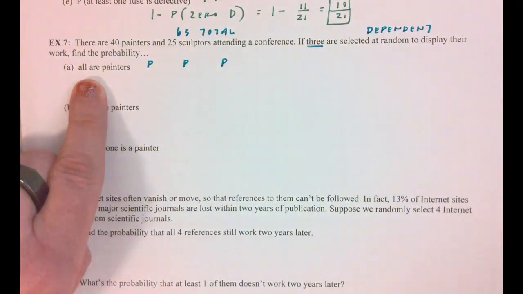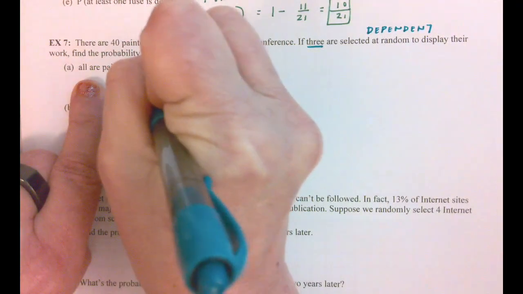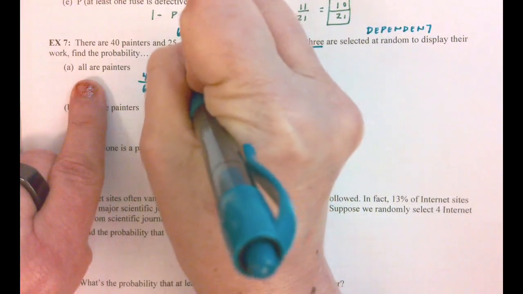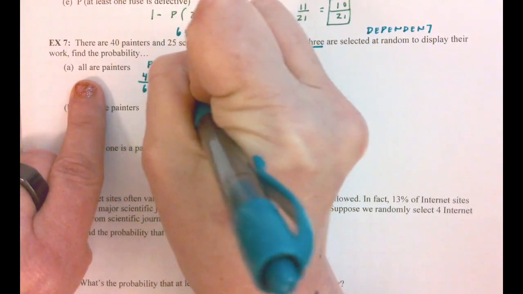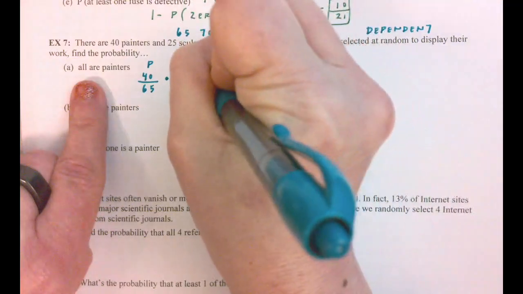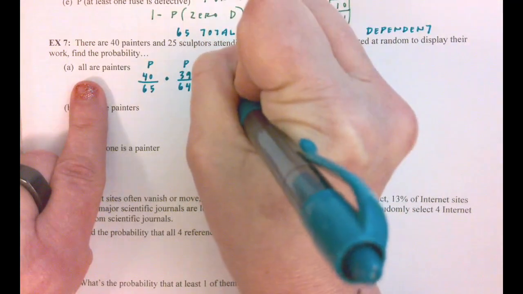So first pick is a painter. I have 40 painters out of 65 total artists attending this conference. Next pick, I'm not picking the same painter, so I have one less painter and one less participant, 64. Next pick, I have one less painter, one less participant, right?